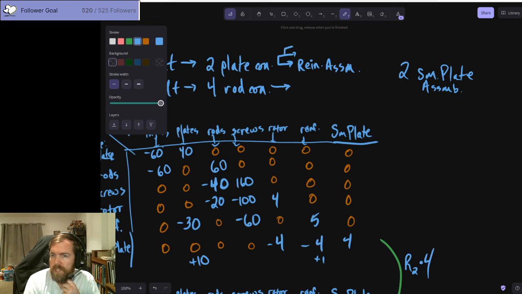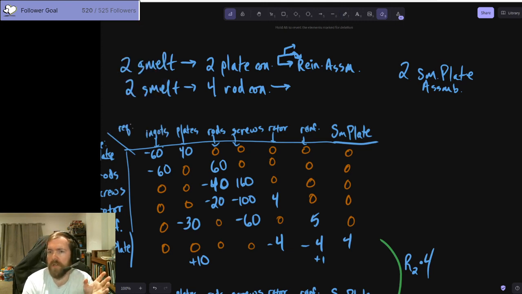And one that splits into... one goes back to the reinforced assembler. Or are there 2? Actually, I don't need to do that. I can just do storage.